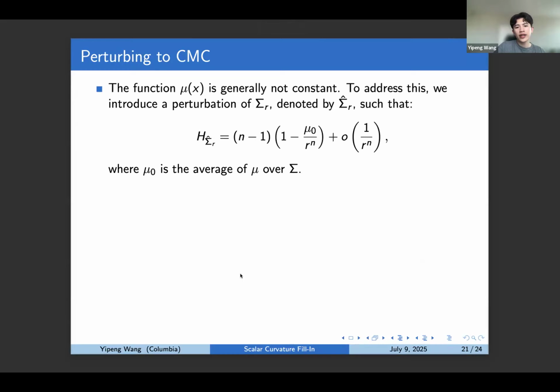So what you do is that you can use some machinery to find a nearby surface such that the mean curvature, even in the next order, will be like a constant mean curvature surface, and then it will have some very small order error term. And this mu zero is just the average of mu over sigma. So in particular, mu zero is some constant that does not depend on R, but is just defined on the boundary.